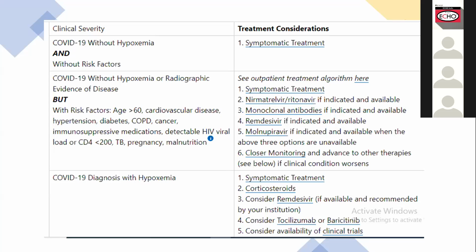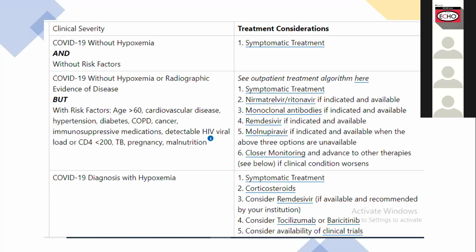Among the steroids you can use dexamethasone, hydrocortisone, methylprednisolone, but you can also use prednisolone. For dexamethasone, you can use 6 milligrams IV or per os once per day, and you give it for 10 days.